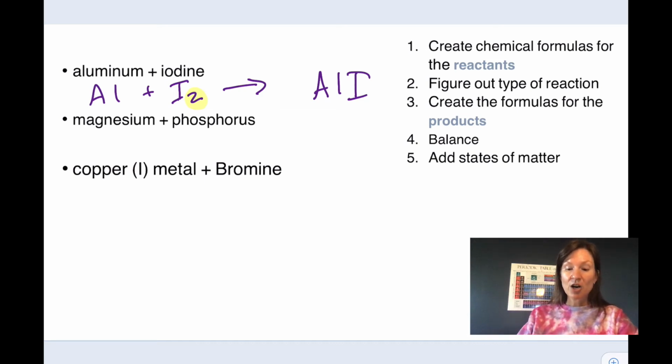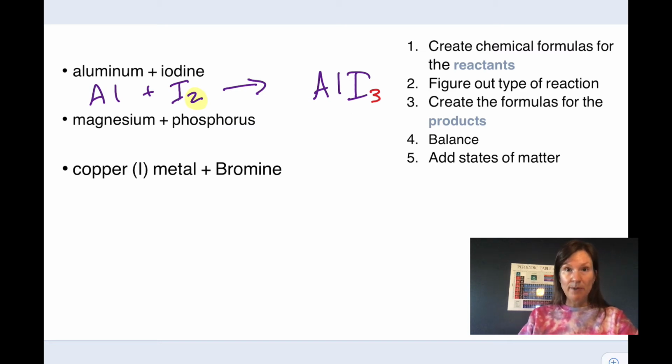So charge on aluminum is always a +3. Charge on iodine is always a -1. So the chemical formula for the product created here, aluminum iodide, is AlI3. So that is numbers 1 through 3 on this list.